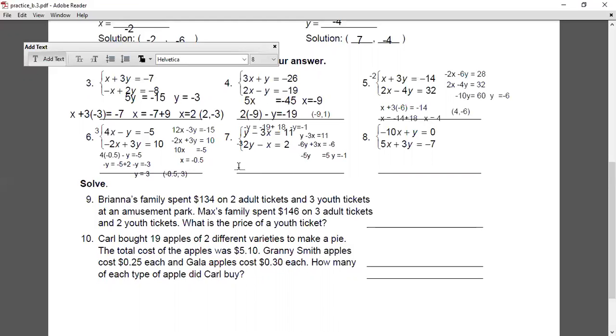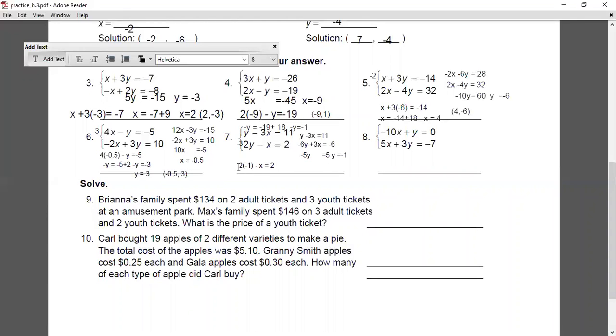Okay, now I will choose equation 1 or 2. I'll choose equation 2. So that's going to be 2 multiplied by negative 1 minus x equals 2.